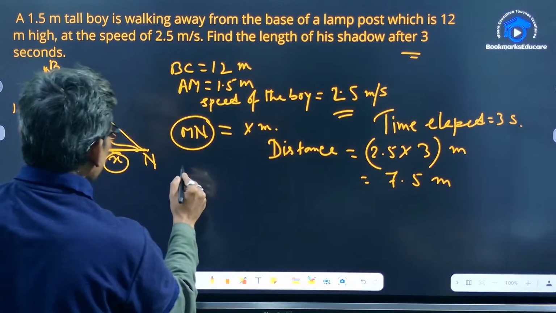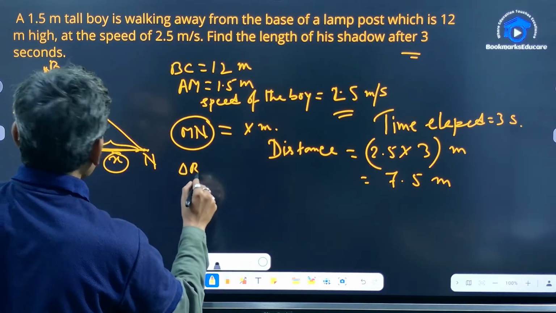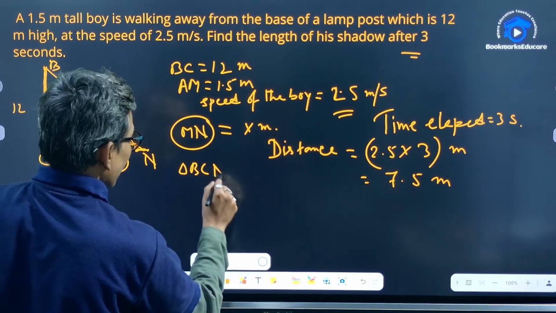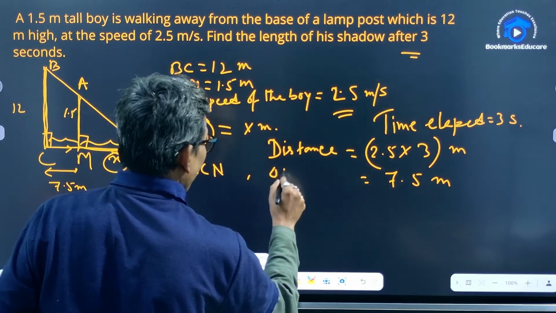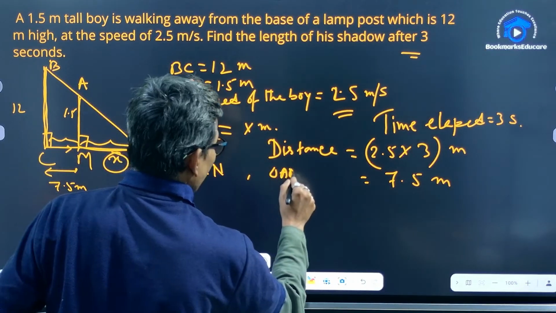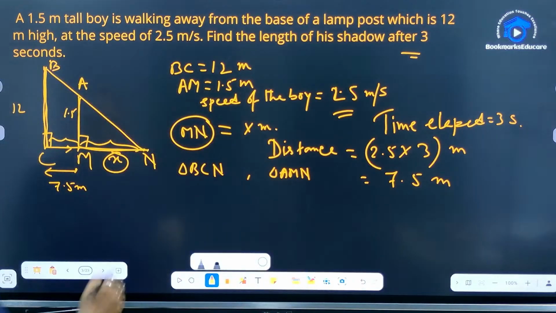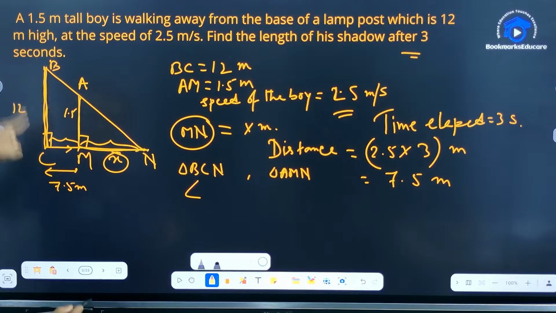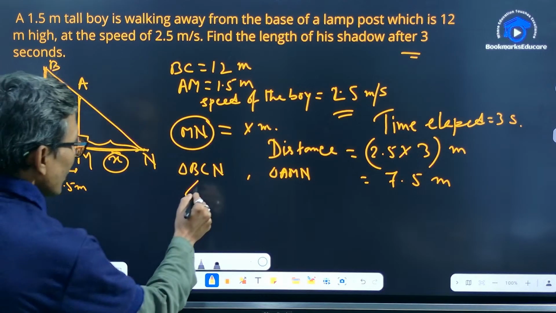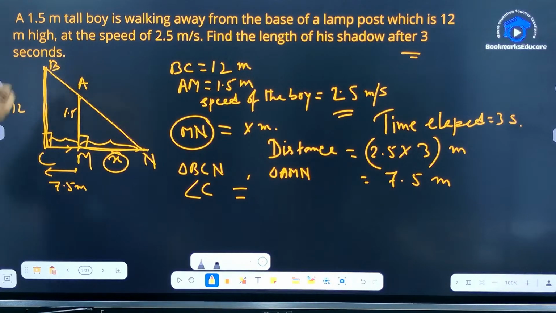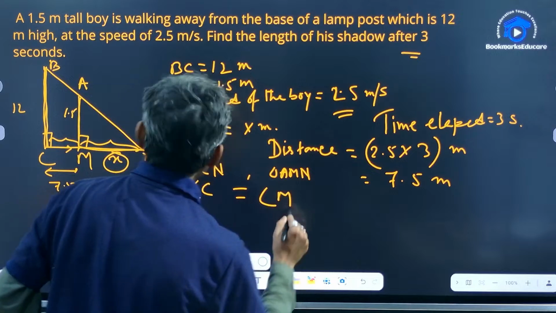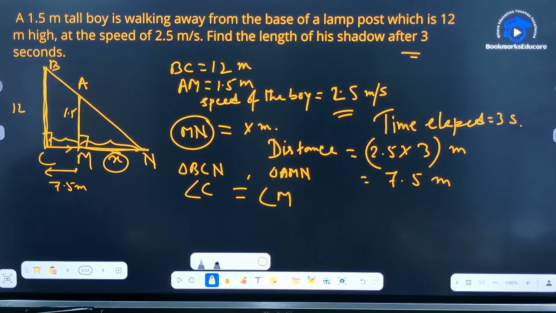In triangle BCN, C is the right angle, as well as in triangle AMN, M is also a right angle.